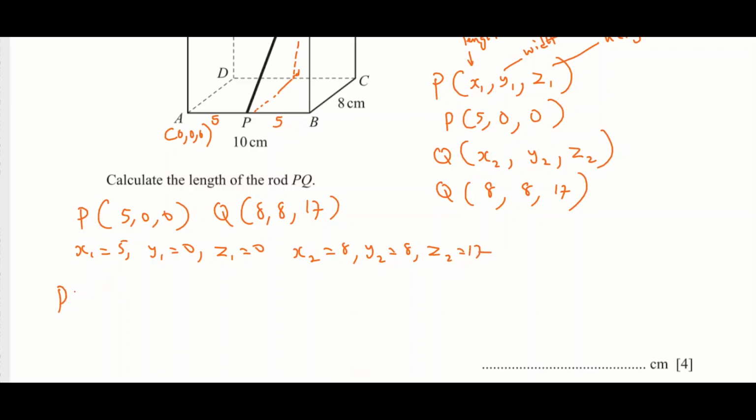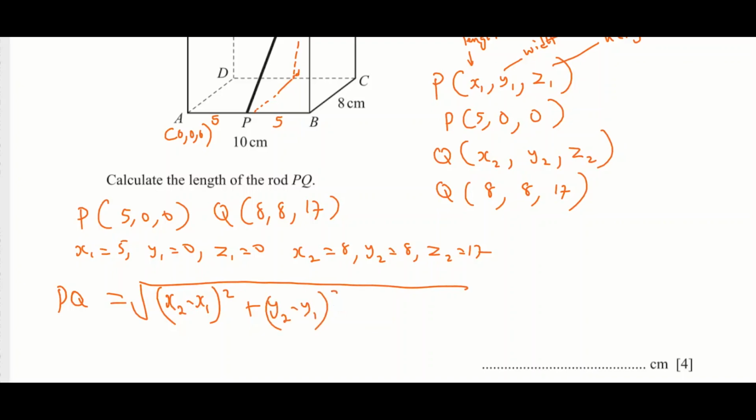So the length PQ is equal to the square root of x2 minus x1 squared plus y2 minus y1 squared plus z2 minus z1 squared.